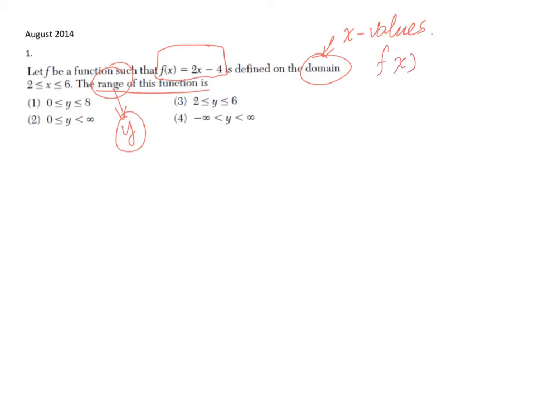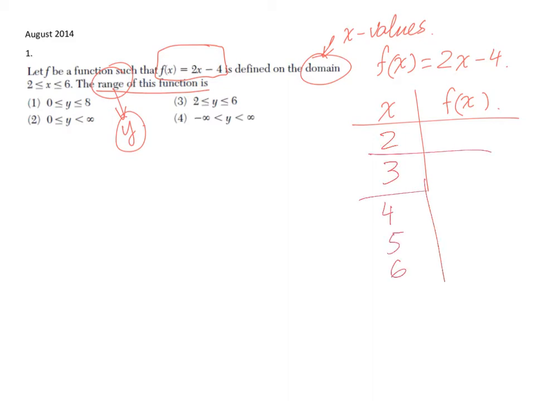So f(x) is 2x minus 4. You've got x and f(x). And let's put all these in: 2, 3, 4, 5, 6. And let's plug it in here. So 2 times 2 minus 4, so that's 4 minus 4, that's 0.